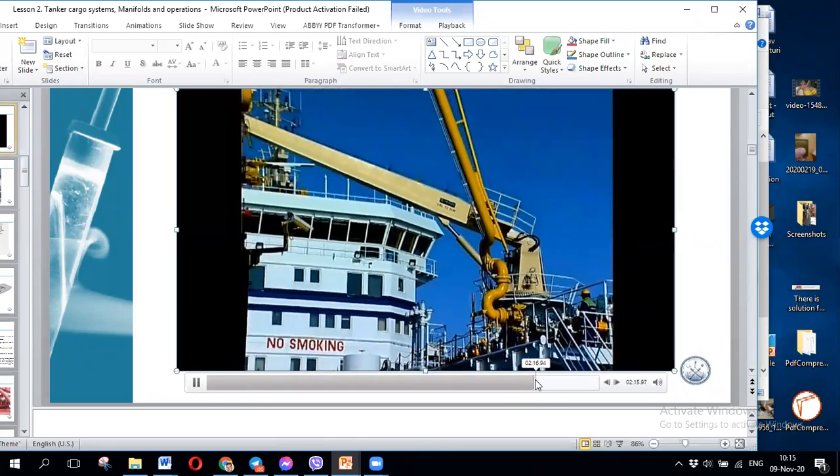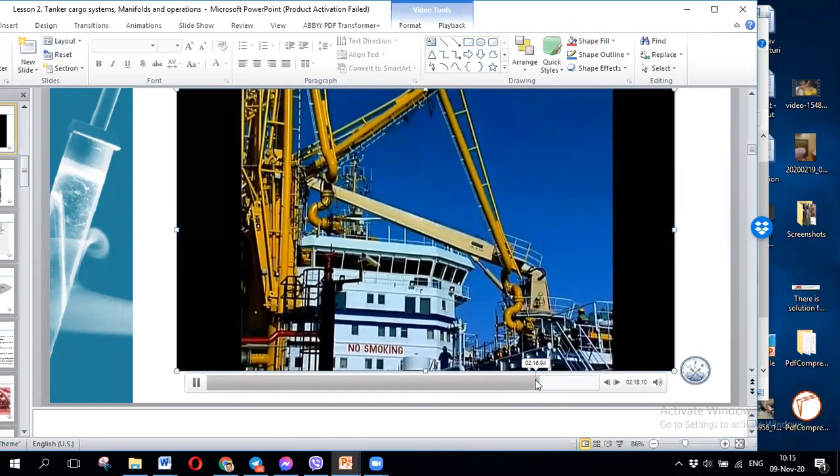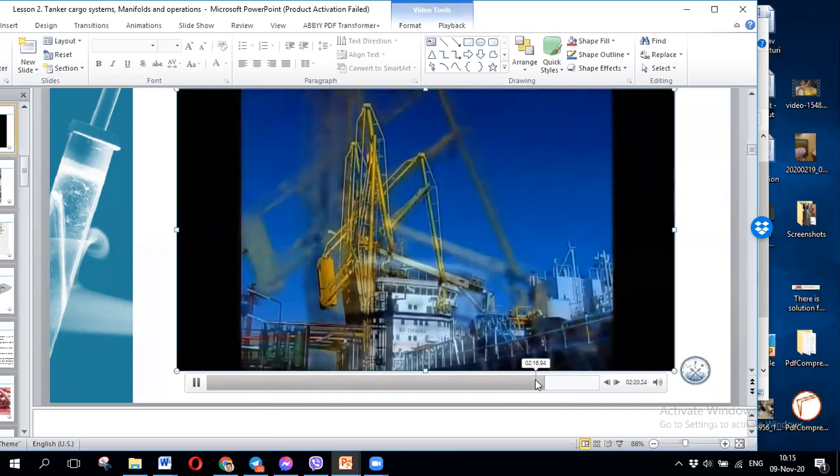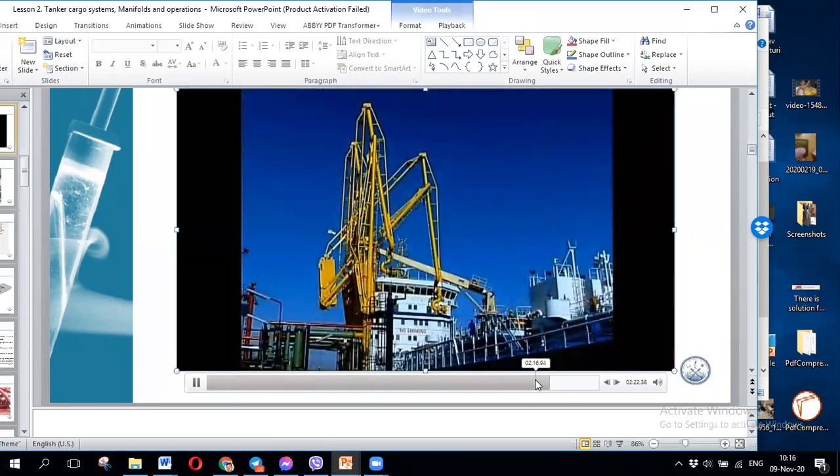So you can see now this is a cargo arm, how it works.